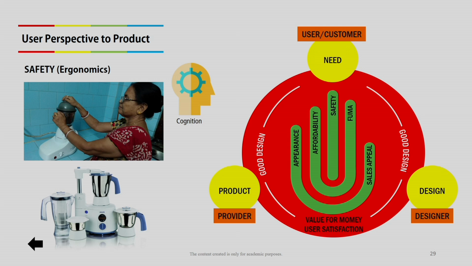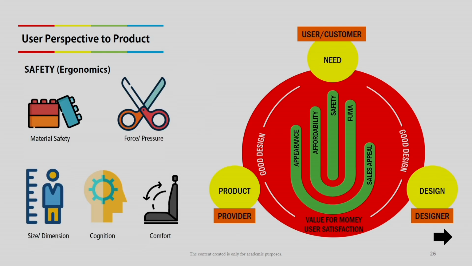To fulfill this, the manufacturer should provide a product which will satisfy their cognitive aspects. For example, Philips has provided this mixer grinder where a stand is there and it will hold the lid of the mixer grinder. The consumer will also see the comfort level while using the product.